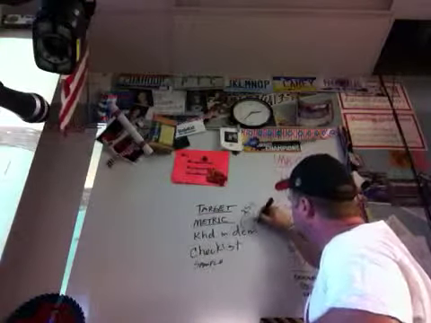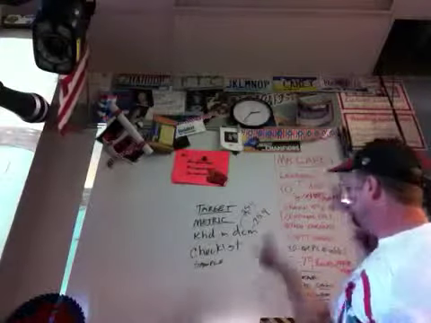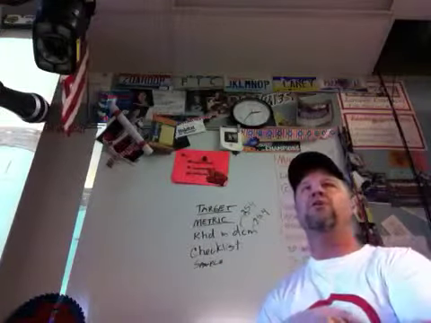A millimeter is 25.4 millimeters in an inch. Okay? So, if you guys have ever used metric tools, you may look at it and go, this makes no sense. Okay, you have no idea where to start. It really makes more sense than the standard system, right?